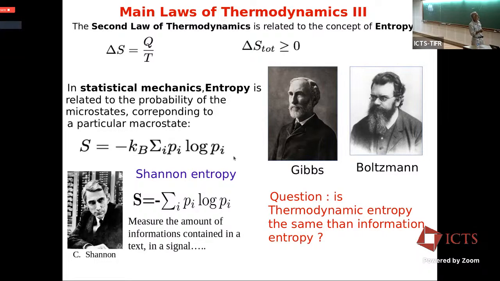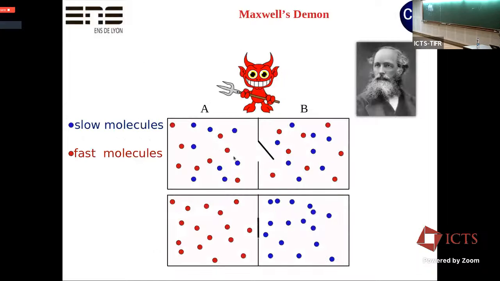And in information theory, there is the formulation of the Shannon entropy, and you see they have the same form, the same equation. So the question people are fighting about is whether thermodynamic entropy is the same as information entropy. This is the real question. Let me go first to the Maxwell demon, and then you will see the relationship with this.